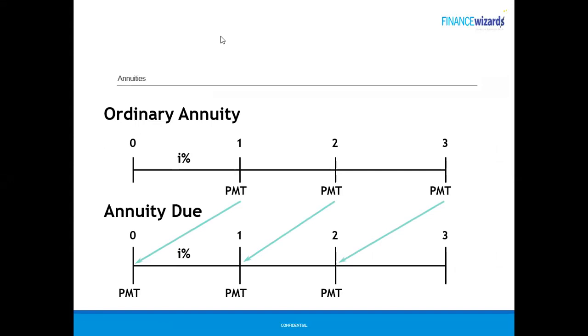The only difference in calculation would be that when we will be calculating the present value or future value of ordinary annuity, the type will be 0, and when we will be calculating present value or future value of annuity due, the type that we will be taking would be 1. Type 0 and type 1.